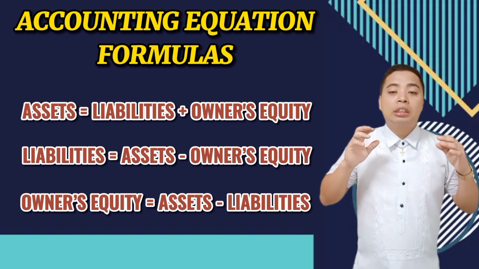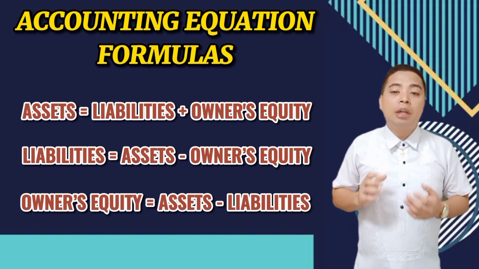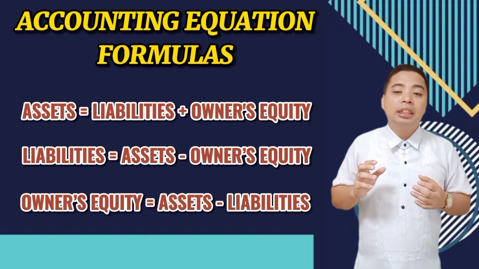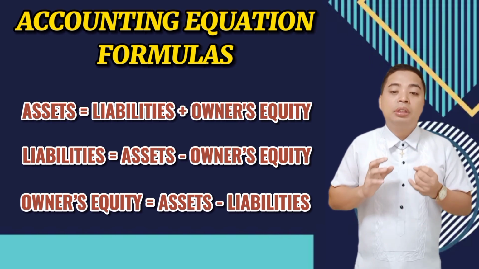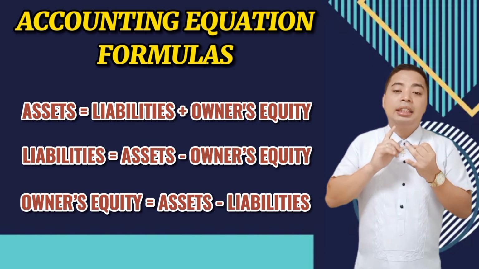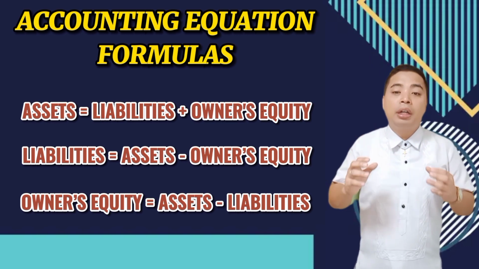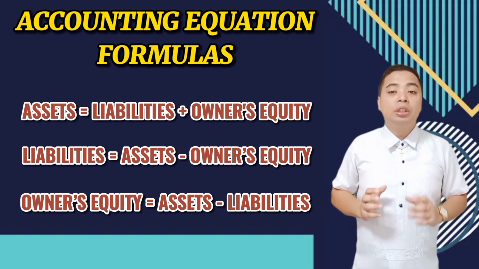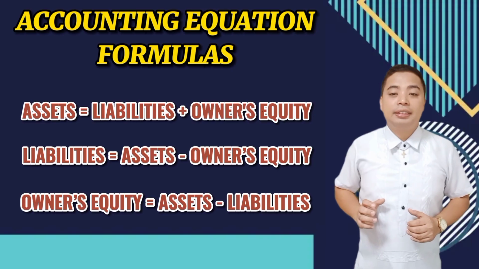So how did we come up with those formulas? We just use our mathematical knowledge in algebra in arriving at such formulas on the three basic elements of accounting, which are assets, liabilities, and owner's equity. Always remember and familiarize those equations because we will use them in our later discussion.